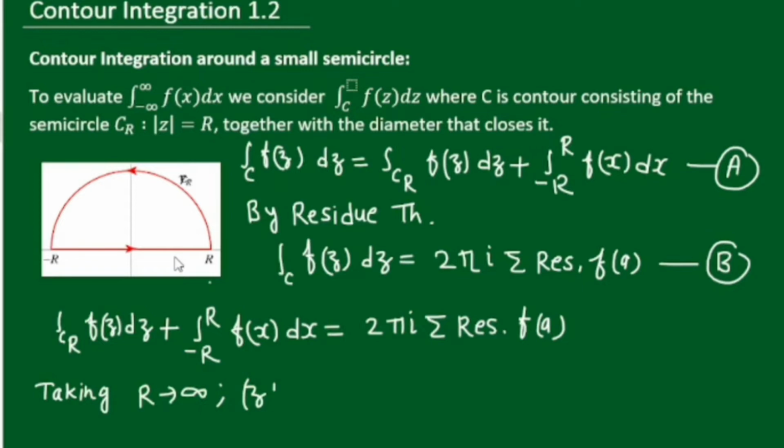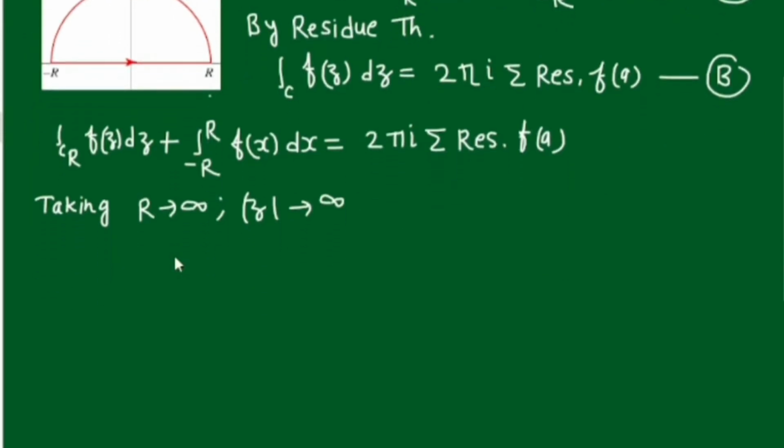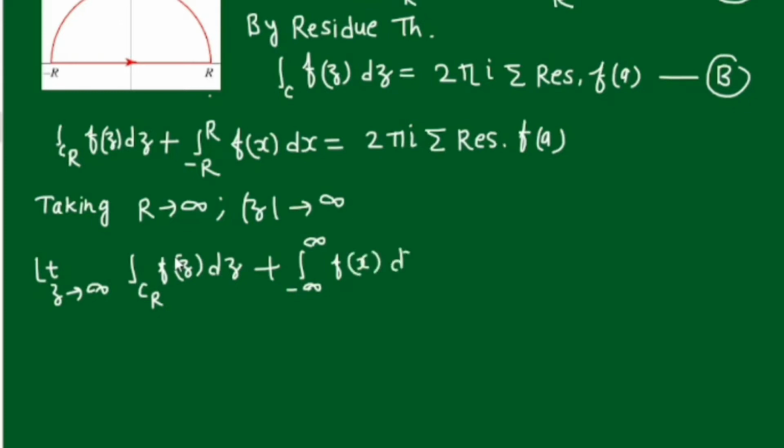So in the third equation we take the limit R tends to infinity, that means |z| tends to infinity. Then we get the limit of the integral over C_R of f(z) dz plus, after applying the limit, the integral from minus infinity to plus infinity of f(x) dx is equal to 2 pi i times the sum of residues.